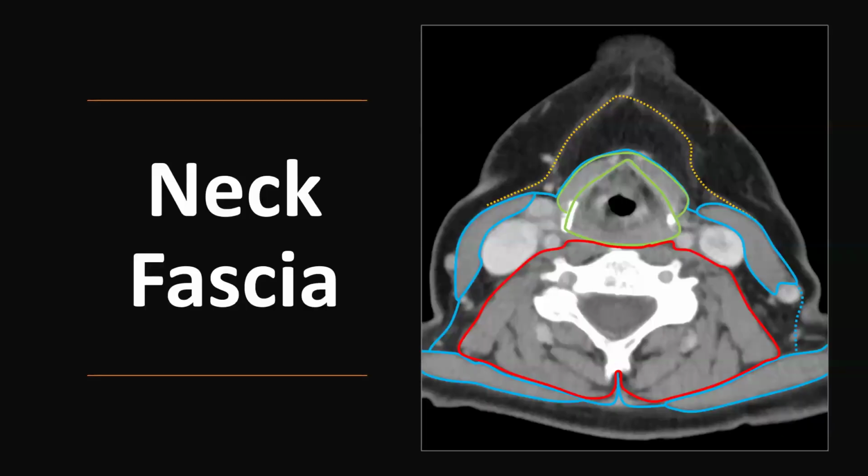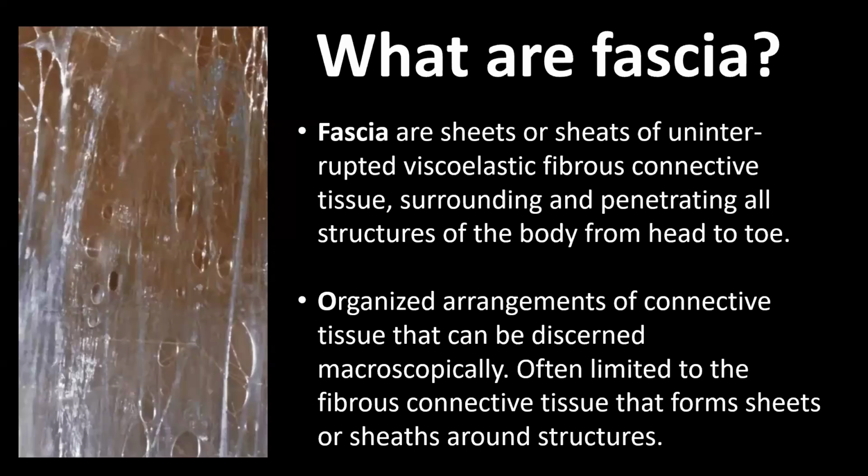Let's now talk about neck fascia, because we're also going to use the neck fascia to divide the neck into several compartments or spaces. What are fascia? Well, fascia are basically layers of connective tissue, mostly composed of collagen and elastin fibers that provide some structural integrity to the body.